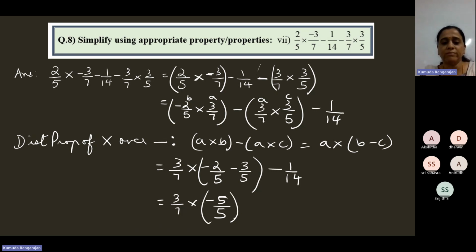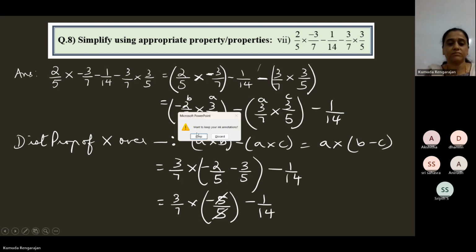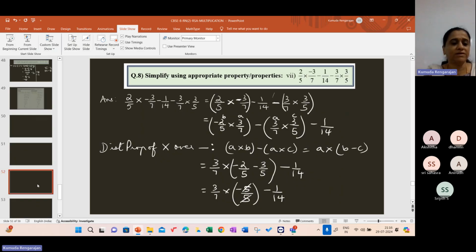If you want, you can put it in a bracket, minus 1 by 14. So 5 and 5 will get cancelled. So it's 3 by 7 into minus 1. What is 3 by 7 into minus 1? Minus 3 by 7.